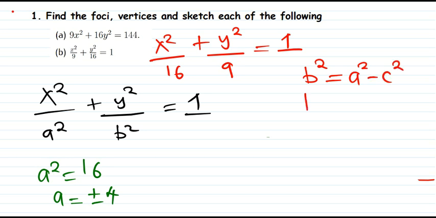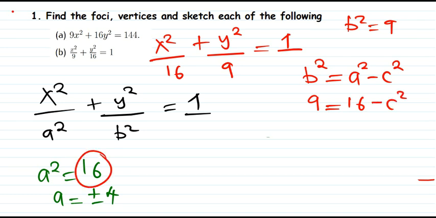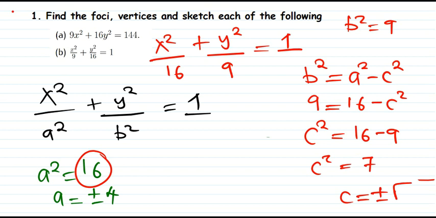So therefore if our b squared is now in this case of course 9, and then our a squared is 16 minus c squared. Okay, so c squared becomes 16 minus 9, and then c squared becomes 7, so c becomes plus or minus root of 7.